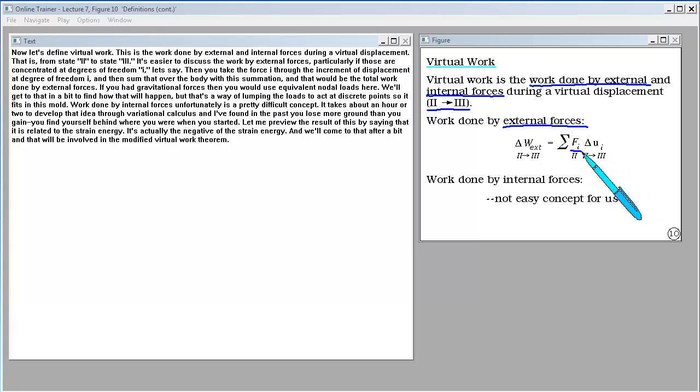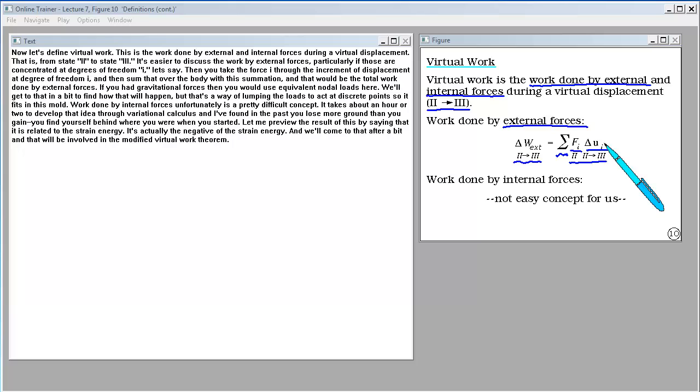Then you take the force at degree of freedom I through the increment of displacement at degree of freedom I, and then sum that over the body with this summation, and that would be the total work done by external forces. If you had gravitational forces, then you would use equivalent nodal loads here. We'll get to that in a bit to find how that will happen, but that's a way of lumping the loads to act at discrete points, so it fits in this mold.